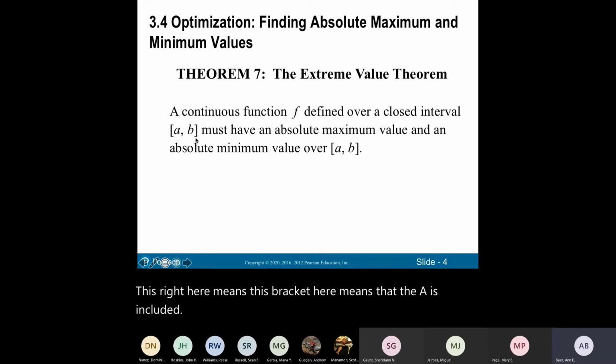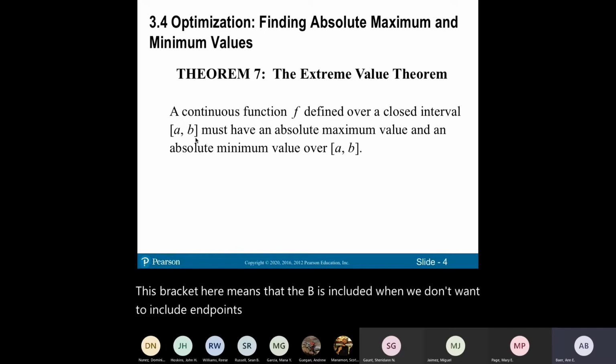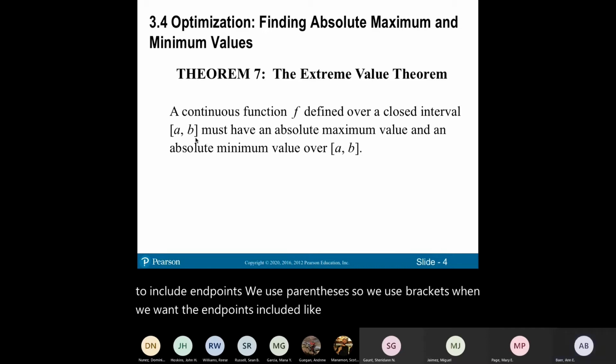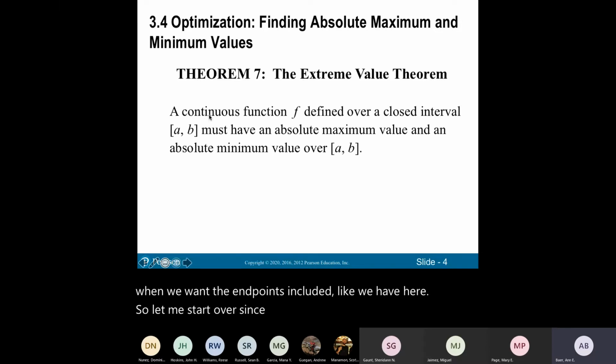This bracket here means that the b is included. When we don't want to include endpoints, we use parentheses. So we use brackets when we want the endpoints included, like we have here. So let me start over since I wanted to explain that.